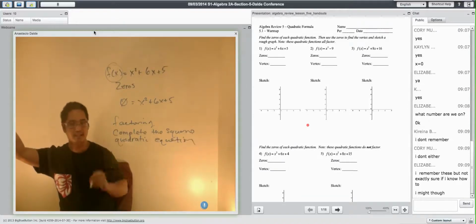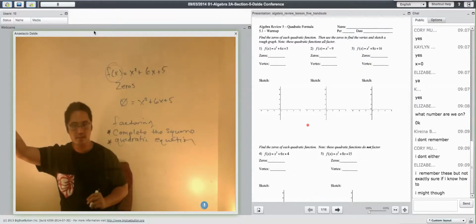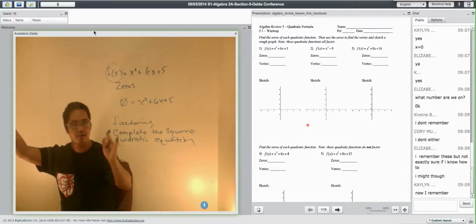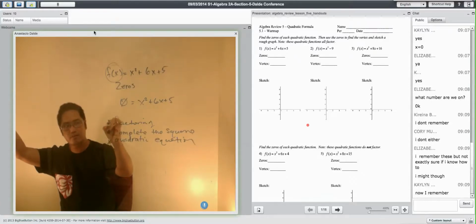There is a possibility that you've learned some of these inside of Algebra 1 class, and I'm actually probably going to be reteaching you how to do these in Algebra 2 class.